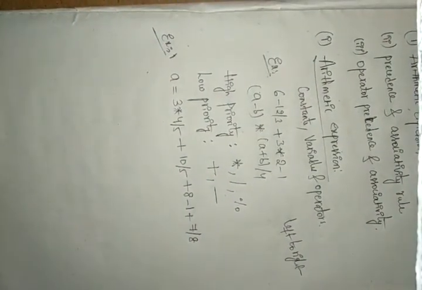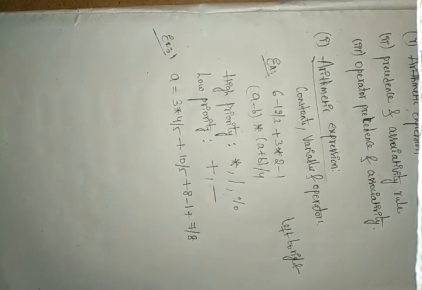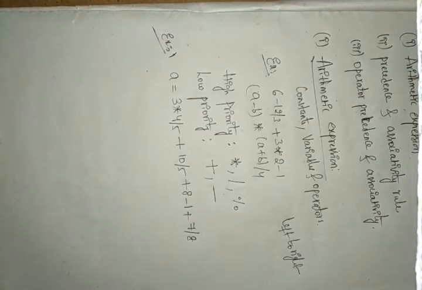Here I am giving the value like this: a equals 3 into 4 by 5 plus 10 by 5 plus 8 minus 1 plus 7 by 8. In this we are following our BODMAS principle. Here we have the highest priority, multiplication, division, modulus division, and after that the lower priority, addition and subtraction.